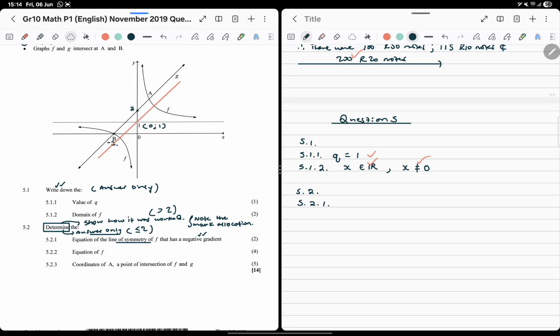So meaning it should be parallel to that line. Sorry. We can even try to use this one because this one has a gradient of 1. So it means that line should be parallel to that other one.